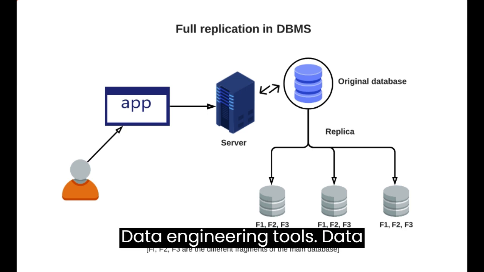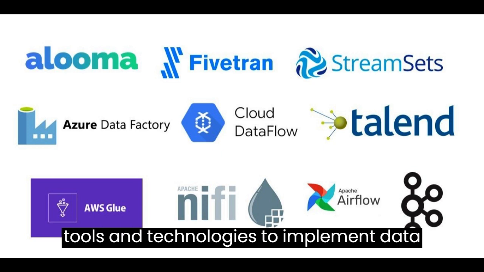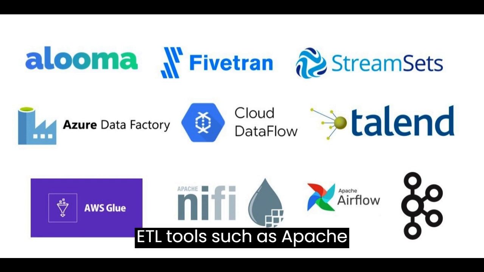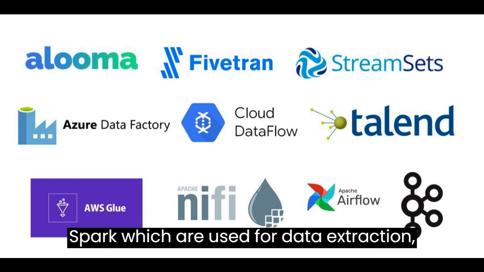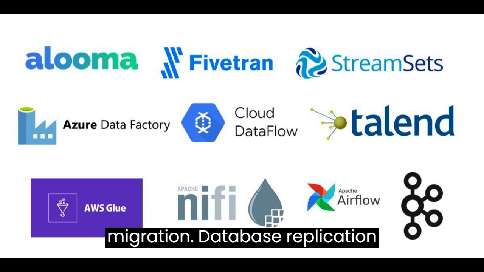Data engineering tools. Data engineers often use a combination of tools and technologies to implement data migration and replication, including ETL tools, such as Apache NiFi, Talend, or Apache Spark, which are used for data extraction, transformation, and loading during migration.